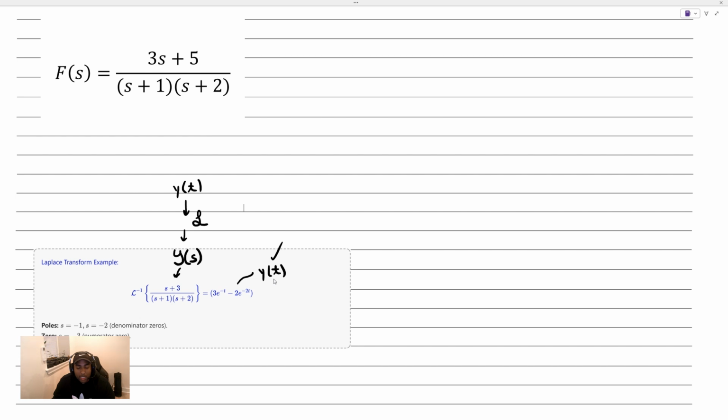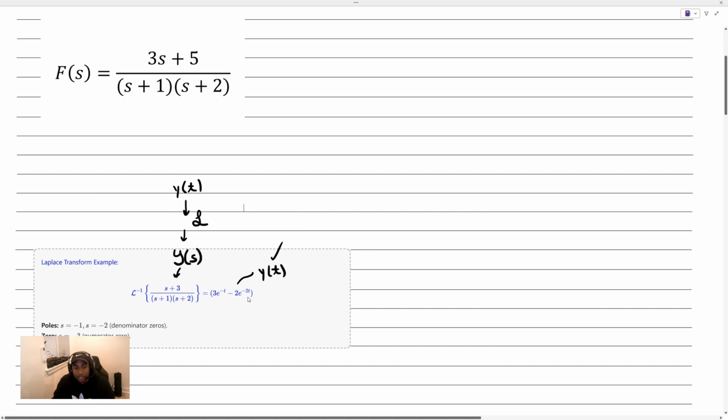Additionally, in a subject like control systems, you can use it for stability analysis. It's super useful for identifying poles, which tell you something about the system stability. Looking at this right-hand side term, if you have poles which are negative, you get decaying exponentials, and decaying exponential means stability.